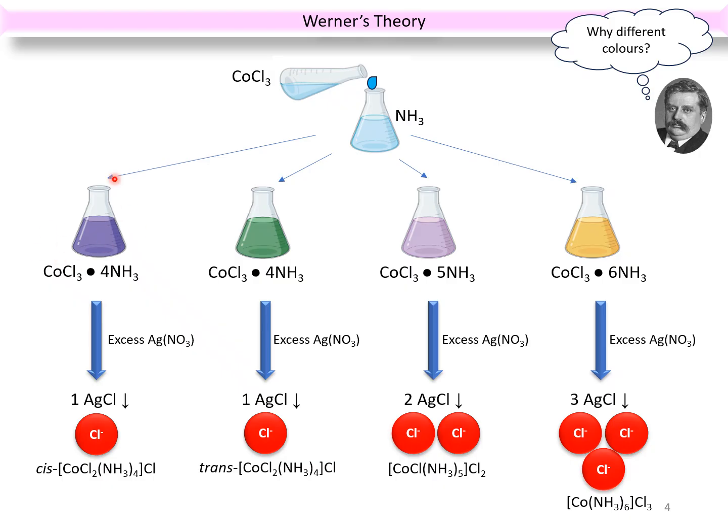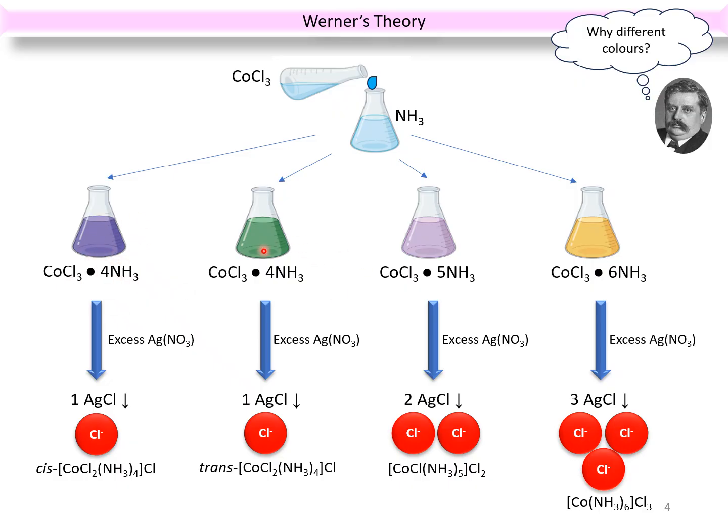The violet solution indicates the presence of 4 ammonia, and the green solution also indicates 4 ammonia. The purple color indicates the presence of 5 ammonia, while the 6 ammonia is shown by yellow.